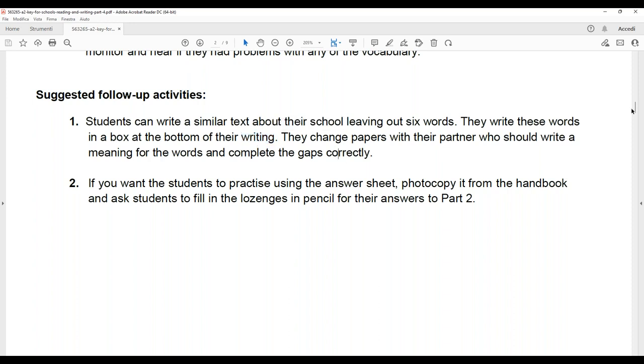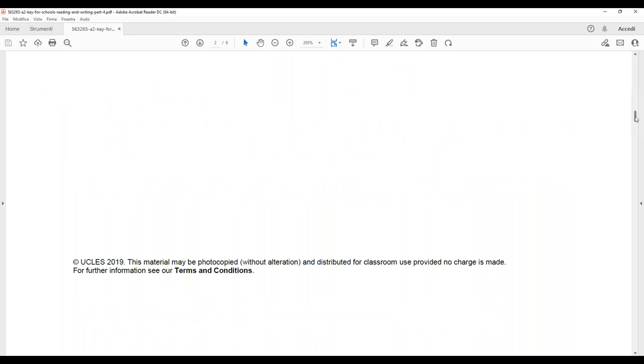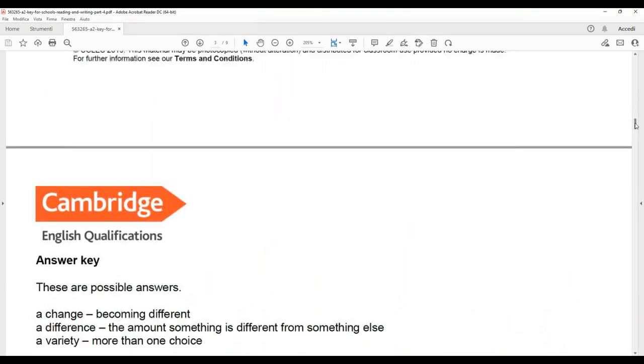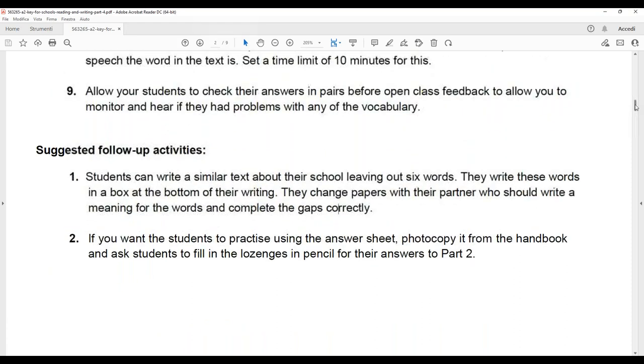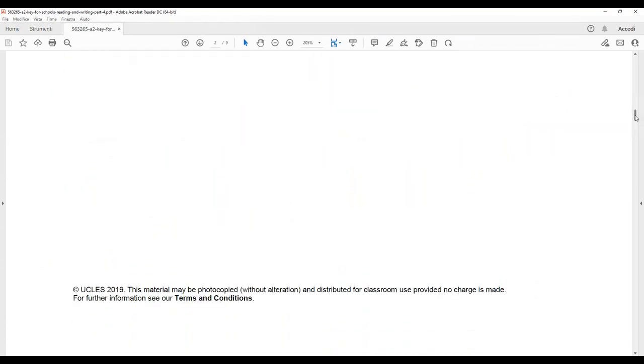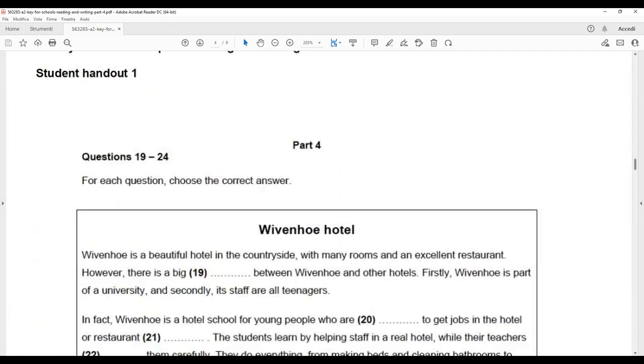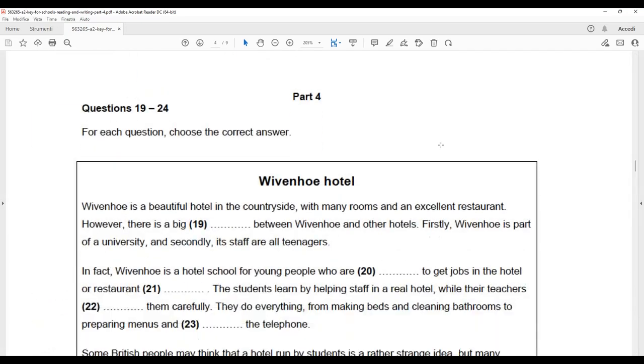Because for now, we have been doing lots of reading, some grammar exercises, but we have to start thinking about writing too. And we'll look at it.